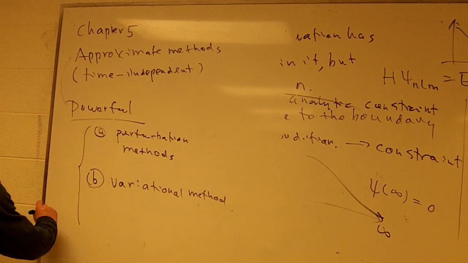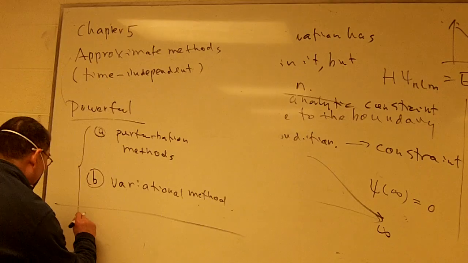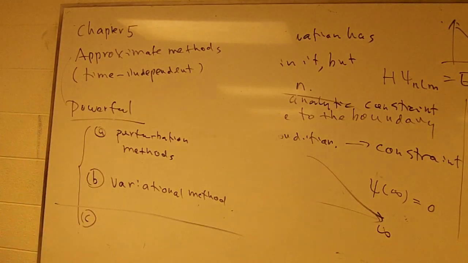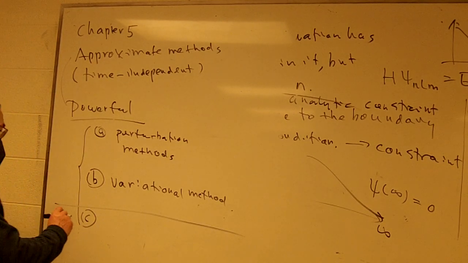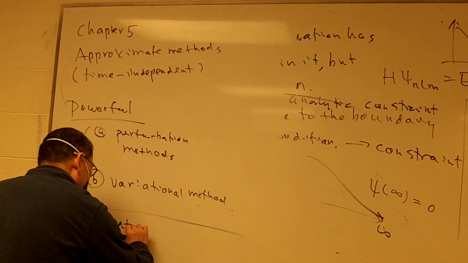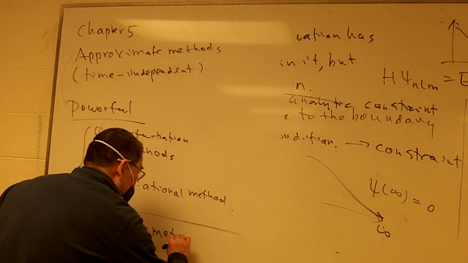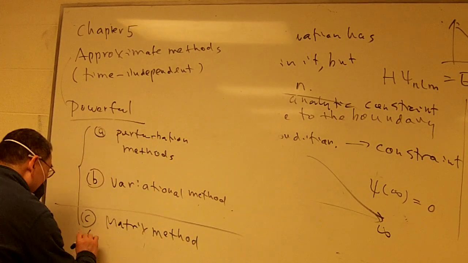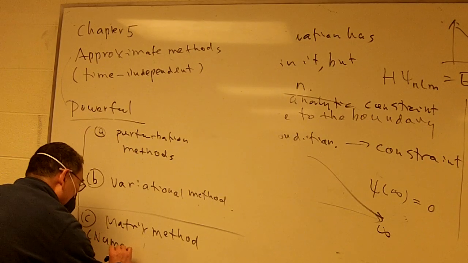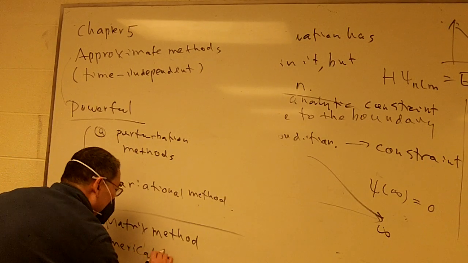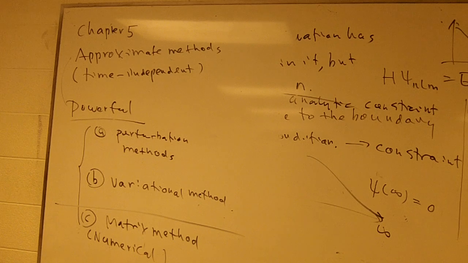And the thing that we won't be able to cover in this class is the so-called matrix method. This method is basically numerical. You can solve it numerically, like in a Gaussian equation. Like a hydrogen code follows exactly this trend.